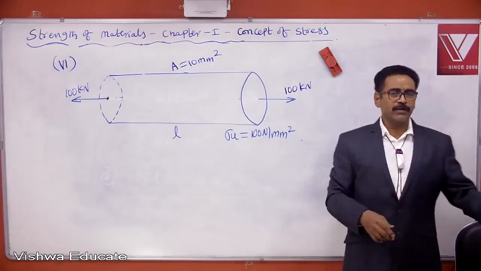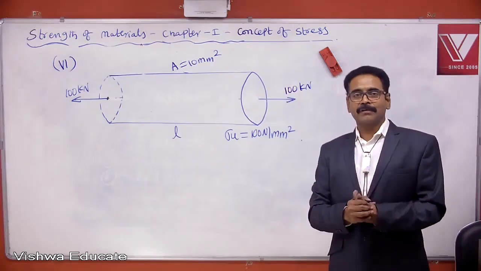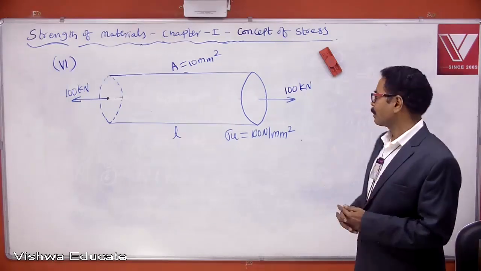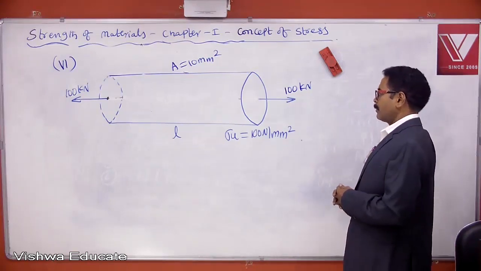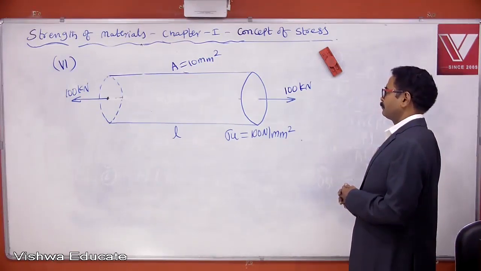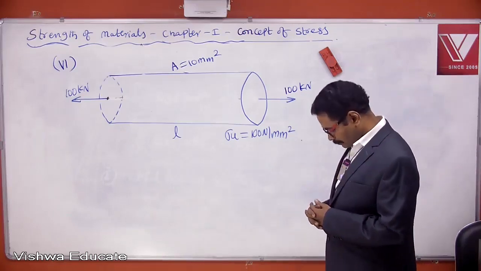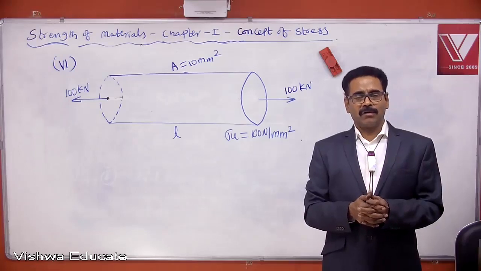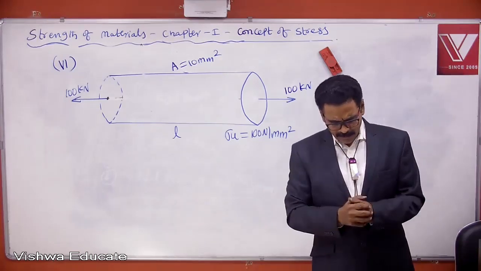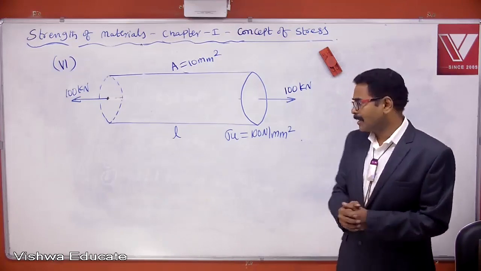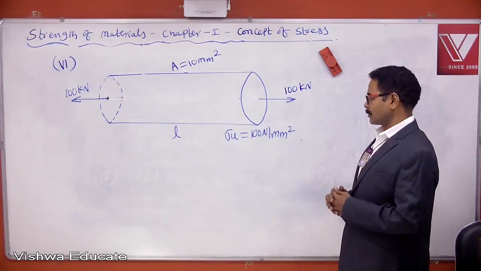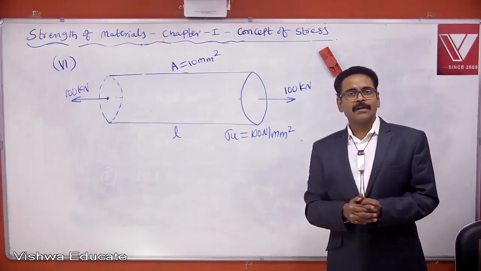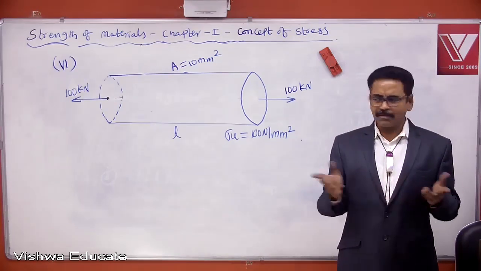Another important point we are going to learn here. I have taken a uniform cylindrical bar. The area of cross section of this bar is 10 millimeter square, this bar is carrying 100 kilonewtons, and the ultimate point of this bar is 100 Newton per millimeter square. Okay, what is the question then?